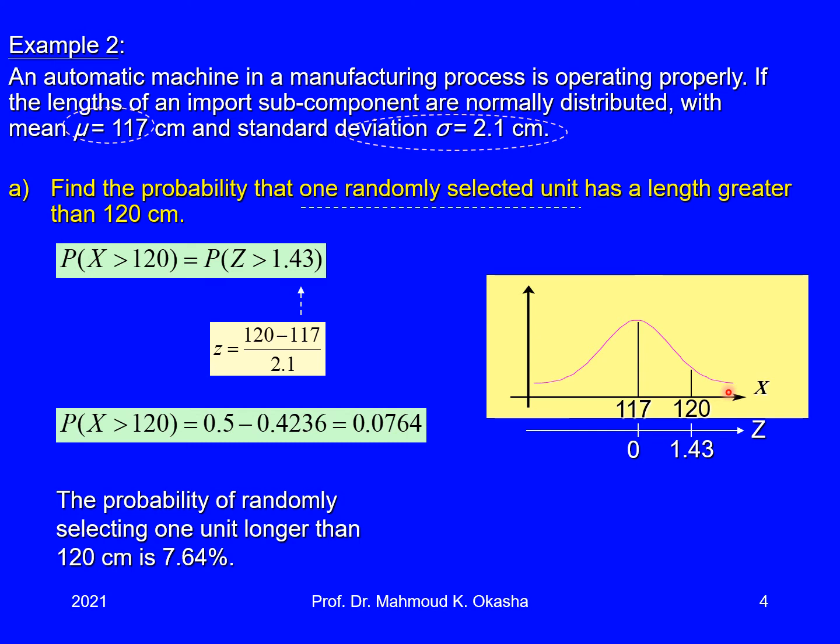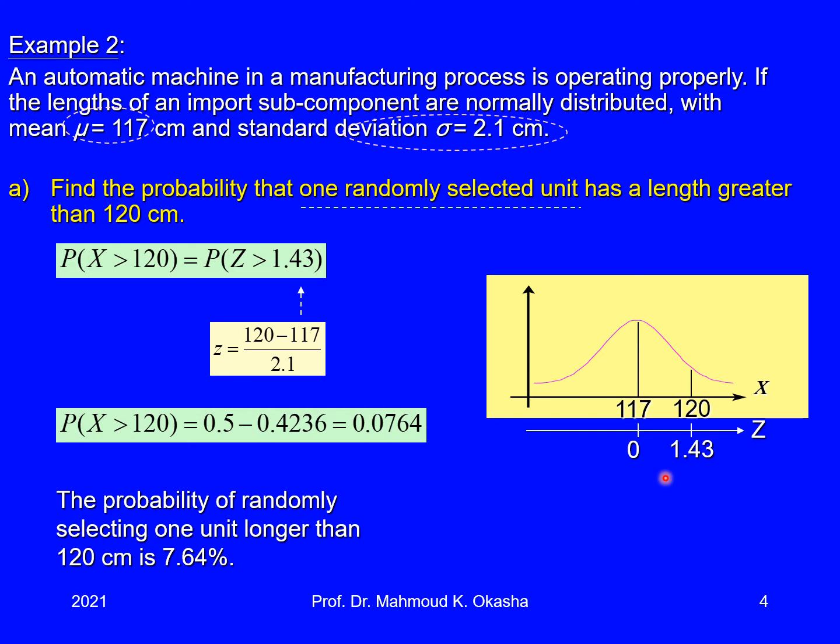Here we want Z greater than 1.43, which is the right-hand side. But the normal probability table gives you the part from 0 to 1.43, not the tail. Both halves are equal to half, so the right-hand side equals 0.5 minus the value from the table between 0 and 1.43.